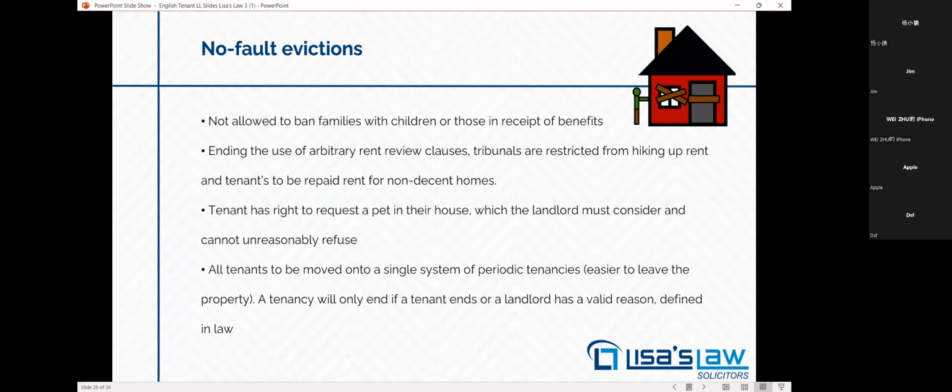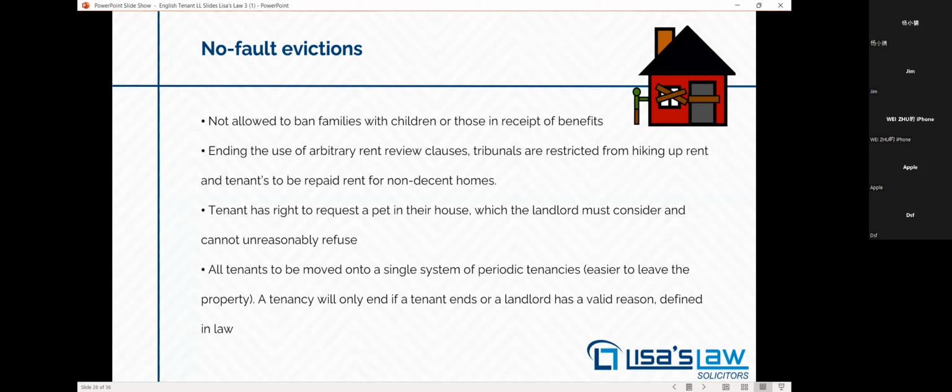So they will not allow landlords to ban families with children or those who receive benefit, because it's very common when you look for property to rent that they always say no couples allowed, no families allowed, no DSS, which is people on benefit. And this is not allowed anymore. You can't actually do that as a landlord, okay? At the moment, it's not enforced yet, but in future.